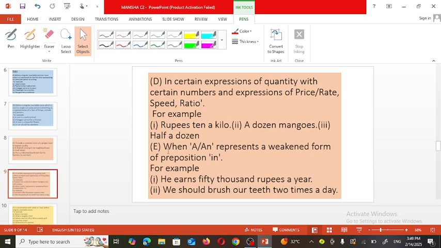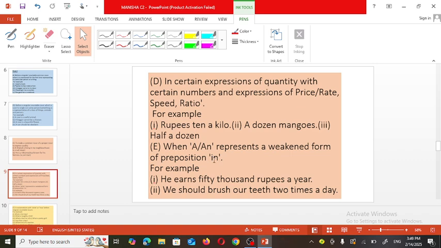When a or an represents a weakened form of the preposition in. For example, he earned 50,000 rupees a year. Means within a year, he earned this much amount. So here, article A is used before year.